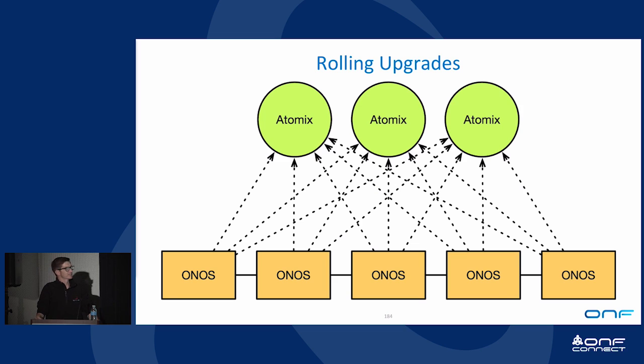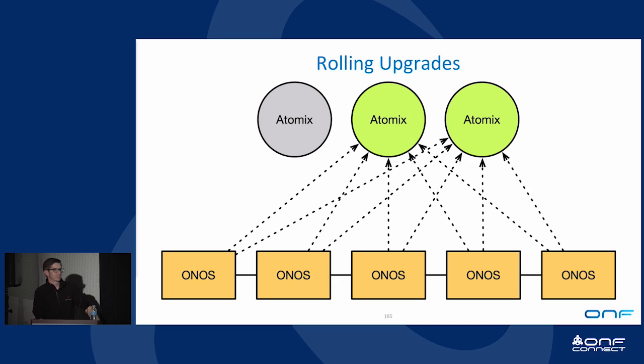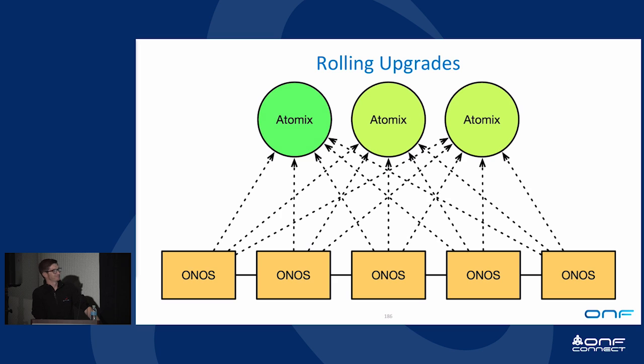And then the other component of this, and one of the other driving forces behind the architecture changes, was upgrades. So you can now upgrade the Atomix nodes independently of ONOS to introduce bug fixes into a running cluster, and this is perfectly safe and it's tested all the time.